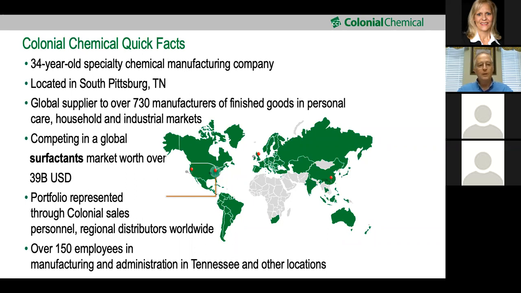We compete in a global surfactants market that's worth over $39 billion and a US market worth more than 13. Our portfolio of products is represented through a dedicated sales force and also through regional distributors in the US and worldwide. And currently we have roughly 150 employees.